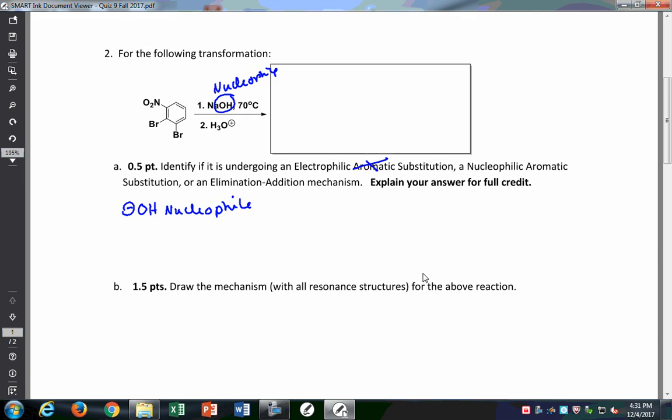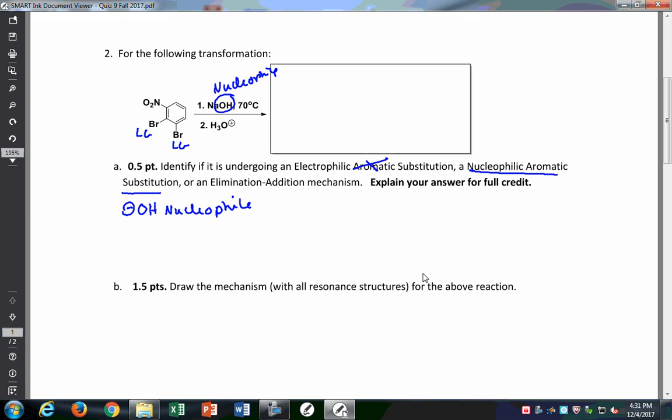So because we have an electron withdrawing group ortho to one of our bromines, we're going to actually get nucleophilic aromatic substitution. So we have two leaving groups. According to this bromine, the NO2 is meta to it, ortho, meta. So the reaction won't occur at that bromine. But for this bromine, the leaving group, the electron withdrawing group is ortho to it.